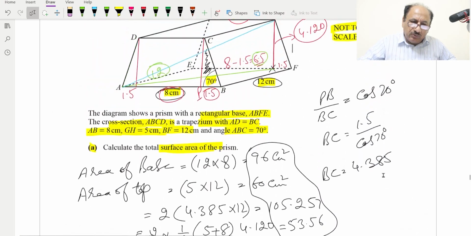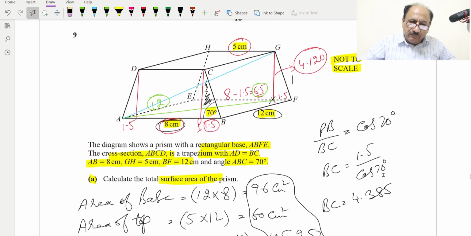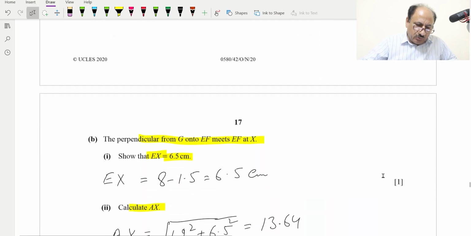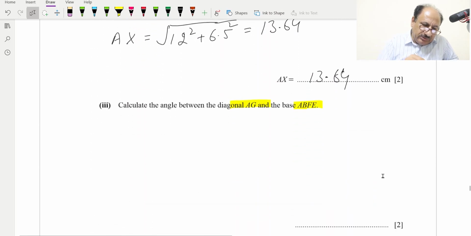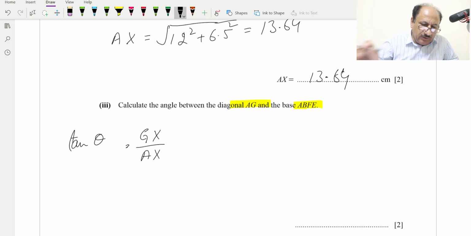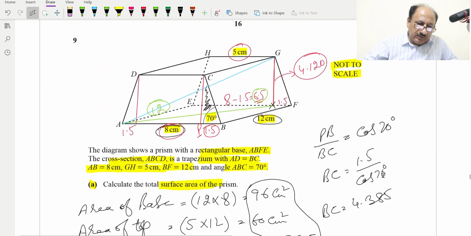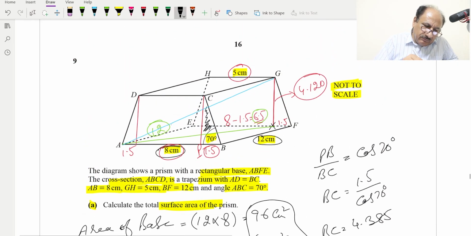So we will calculate GX over AX. GX over AX will be equal to tan of theta, and theta is what? Theta is between the diagonal and the base.